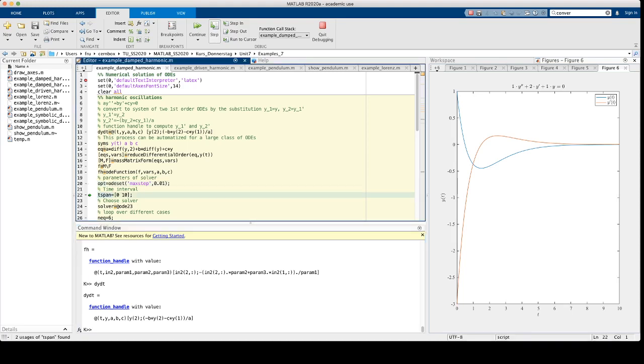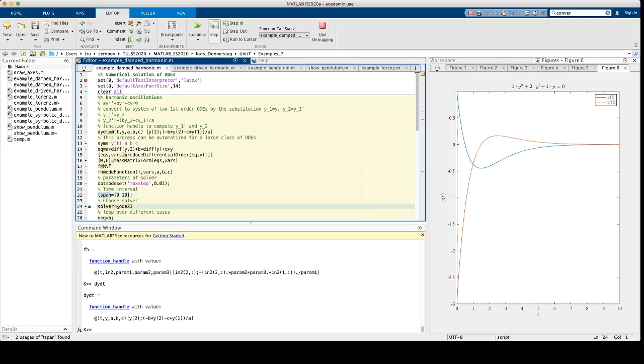Now the solver has of course options, and in this case we set only one option. We set the maximal step size in time to 0.01. The time interval spans from 0 to 10, so we start at t equals 0 and stop at t equals 10.